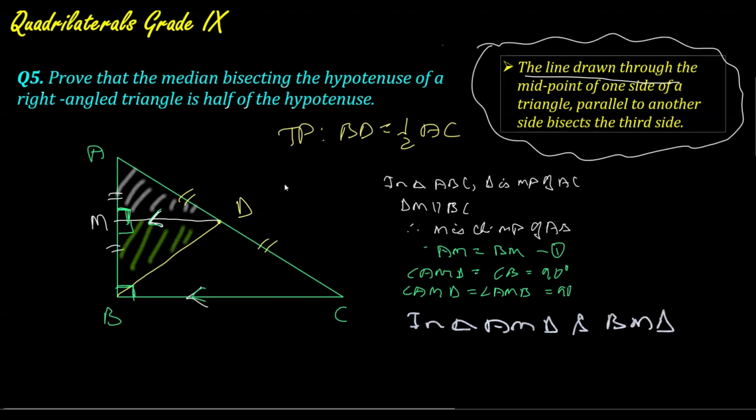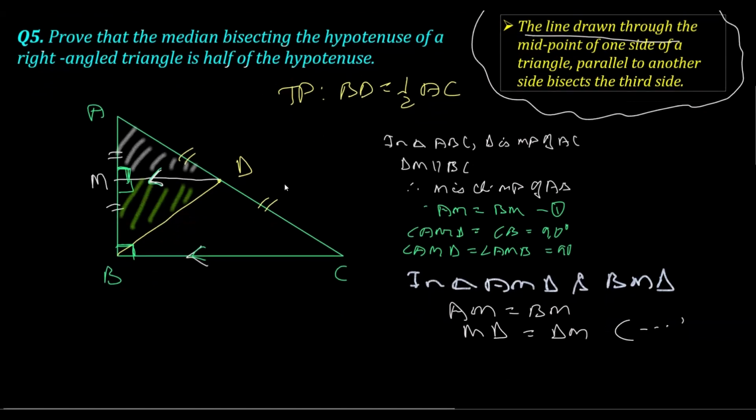Check what we have already done. We have proved AM is equal to BM, one of its sides equal. We have MD equal to DM, that's a common side, and 90 degrees. And which angles have we proved 90 degrees here?